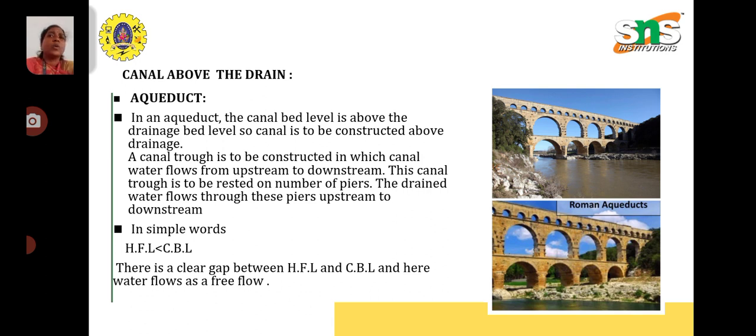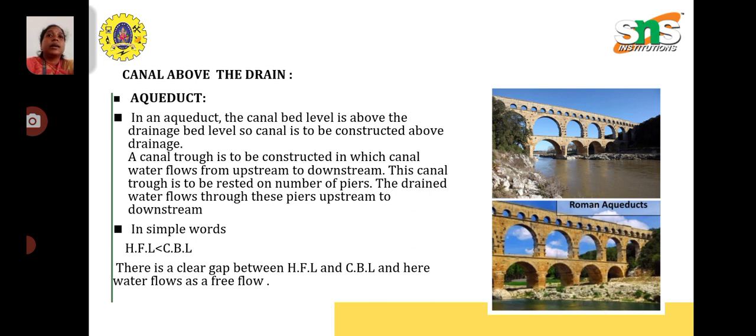In the canal above the drain, the first one is the aqueduct. It is one of the structures that comes under the canal above the drain type. In an aqueduct, the canal bed is above the drainage bed level, so the canal has to be constructed above the drainage, that is, the natural streams.